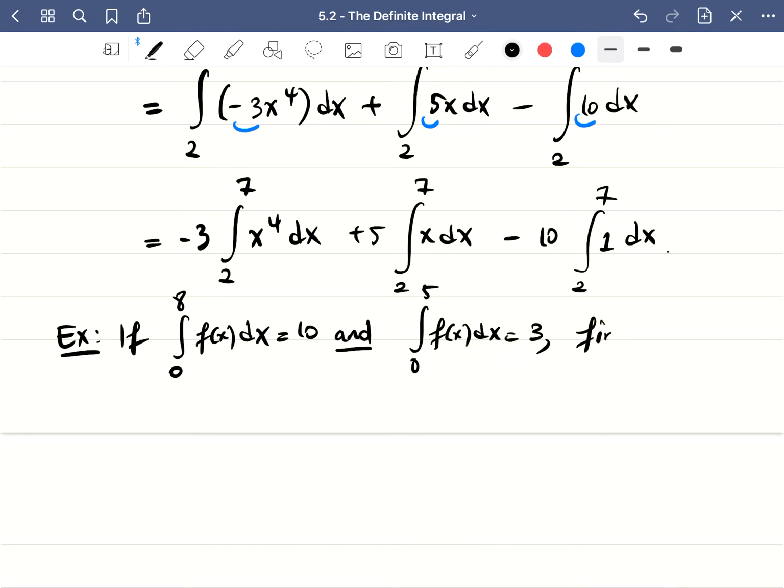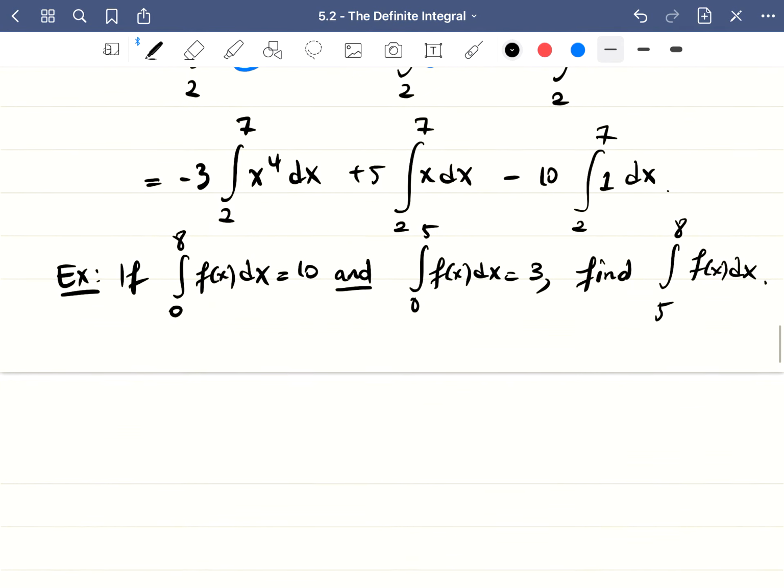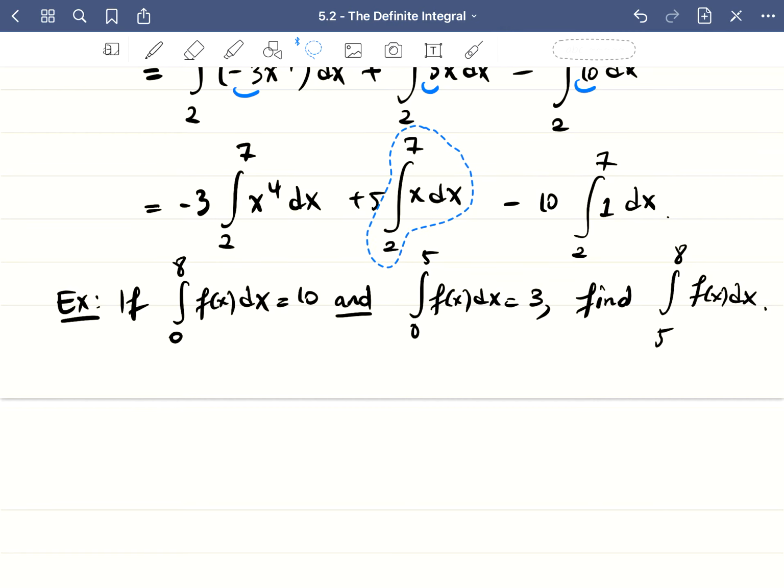Let's find the integral from 5 to 8 of the function. These are separate, so don't confuse the 2 and the 5 there.